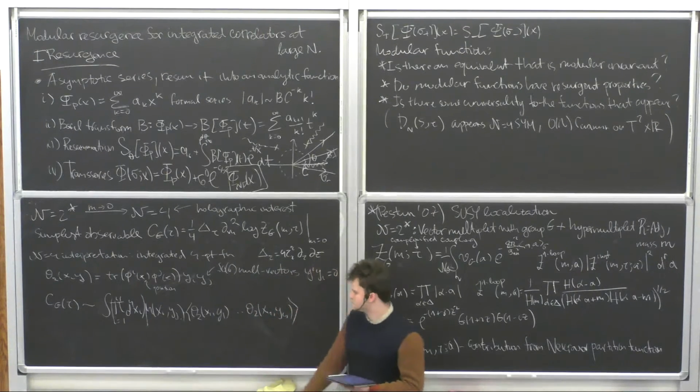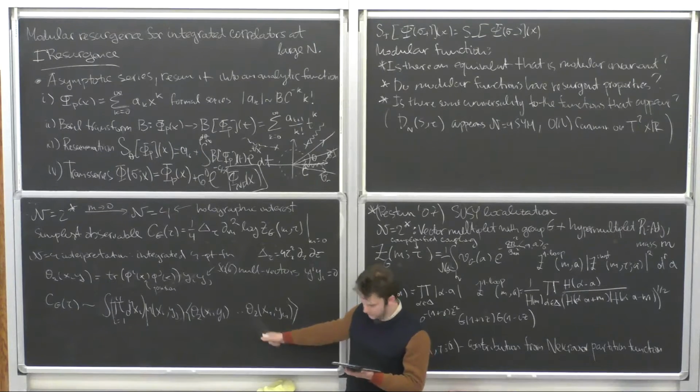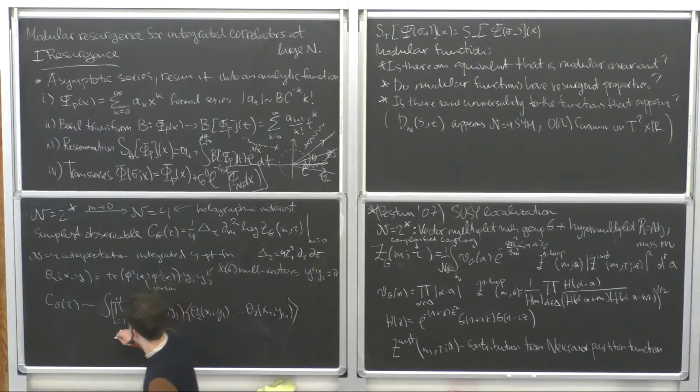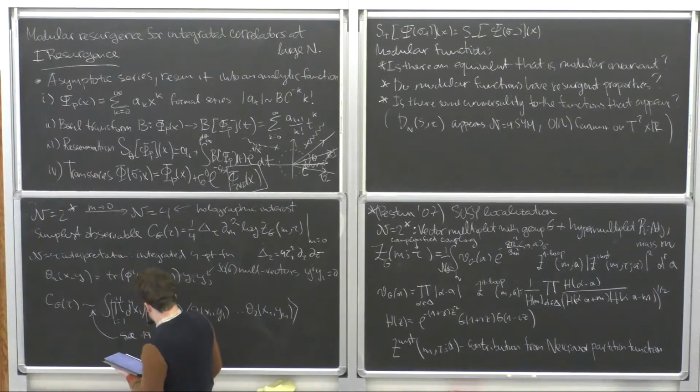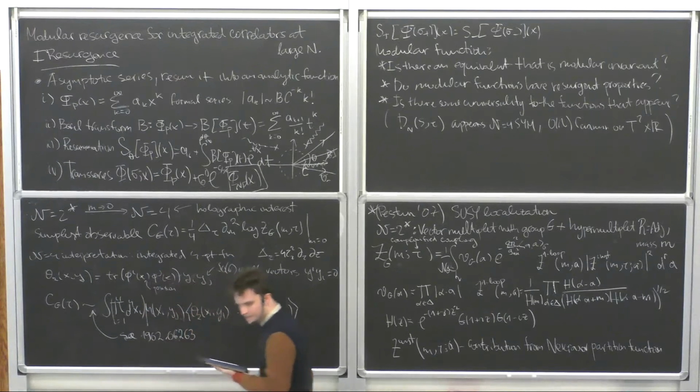So it's really an integral of some 4-point function. And if you're interested in the specific details of how this comes about, you can see the paper by Chester, Pufu, and other collaborators, which is this 06263. Yes.